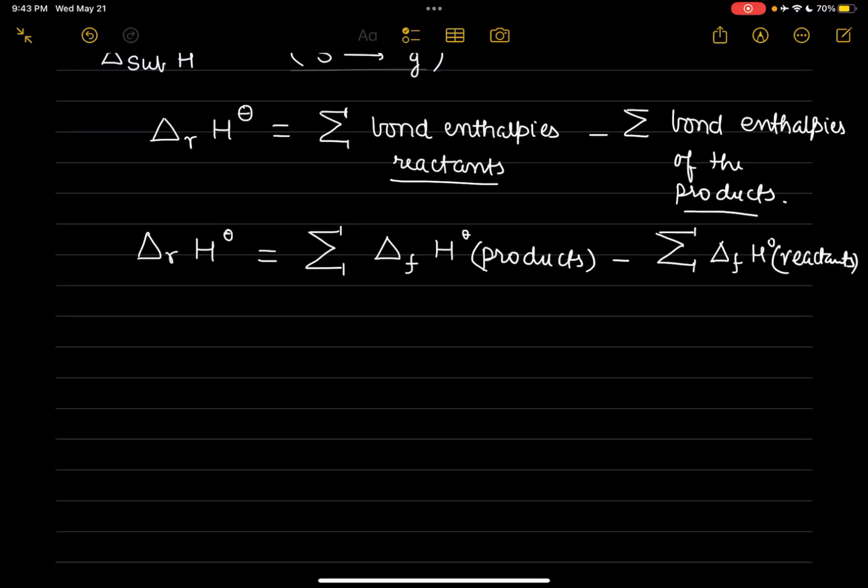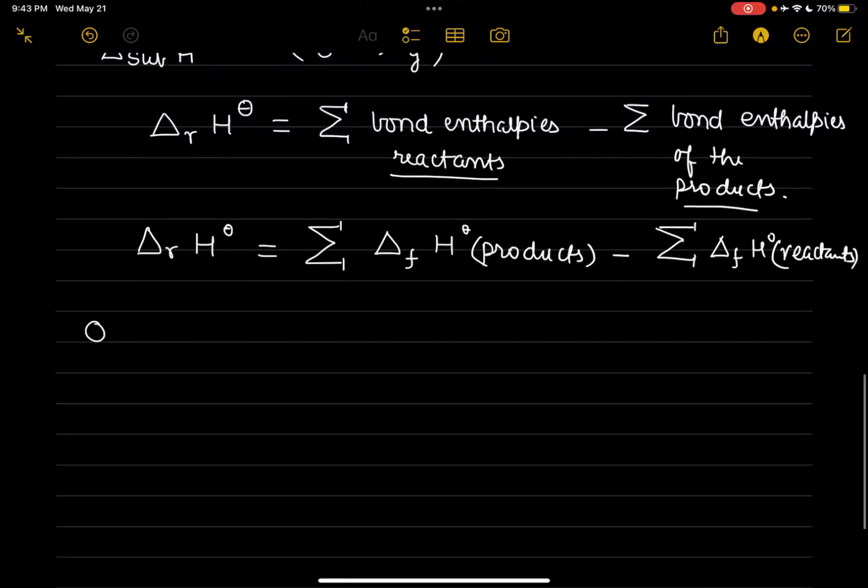So first of all, in bond enthalpies, let's say I have given some reaction. Or let's take one more simpler example, let's take N2.